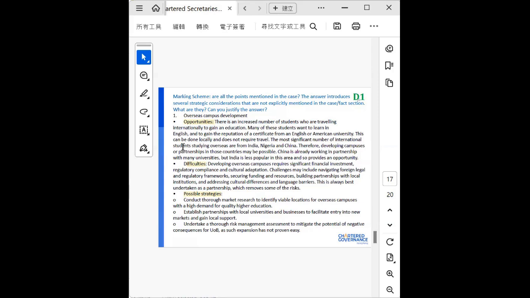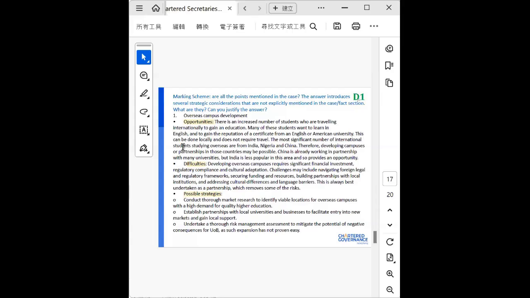The difficulty may be that, as you can see here, it requires financial investment, regulatory compliance, and cultural adaptations because you're talking about overseas or internationalization. So you need to think about these overseas things. Challenges may include navigating a foreign legal and regulatory framework, funding resources, and building partnerships.